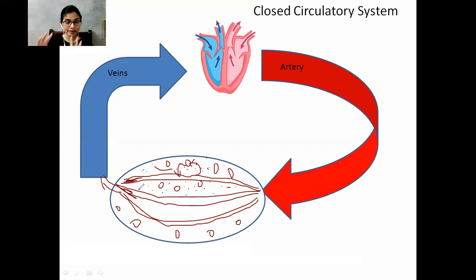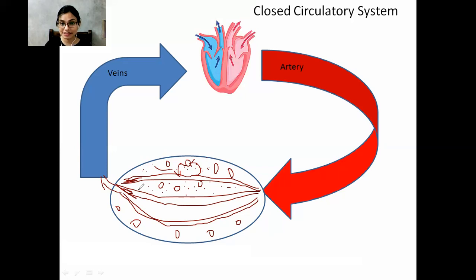RBCs, or red blood corpuscles or erythrocytes, are the main cells responsible for the transportation of oxygen to different organs. Why? Because they contain hemoglobin. Hemoglobin binds with oxygen and helps in the transportation of oxygen. Also the color of the blood is red due to hemoglobin.